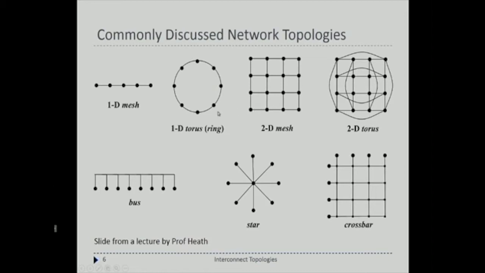A 2D torus is actually taking a ring, which is the 4-processor ring here, another 4-processor ring here, another ring here, another ring here, and also connecting them end around in that fashion. So basically, a torus is like the surface of a donut.